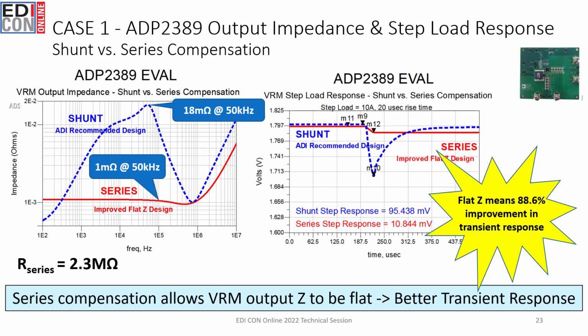Here we can clearly show that by designing your VRM's output impedance to be completely flat, there is an 89% improvement in the transient response. The takeaway is that the VRM transconductance tolerance greatly varies the transient response of your design. Remember, as we showed previously, by using a series compensation design, we are less sensitive to the gain variation of the amplifier.